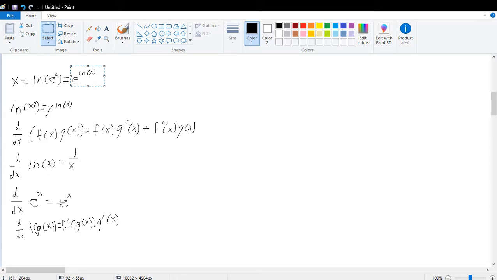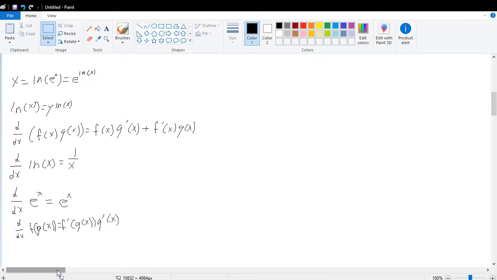The derivative of e to the x is e to the x. And the derivative of f of g of x, a composite function, so one function inside of the other, is the derivative of the first with respect to the inner function times the derivative of the inner function itself. Of course, if there are multiple functions being multiplied or multiple inside of others, you're just going to have to keep using the chain or the product or even the quotient rule if that were involved.